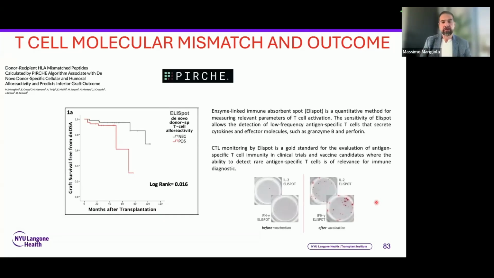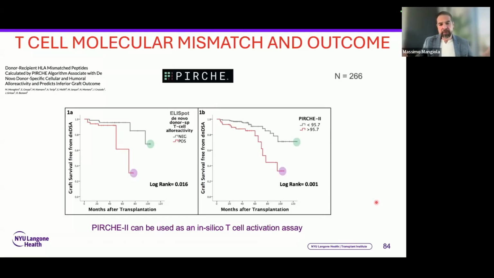So it's the gold standard to say this thing is causing T cell activation. What I like about this paper is that if you look at the Kaplan-Meiers and the outcome, they are almost superimposable, almost identical. So much so that I feel comfortable thinking that PIRCHE-II is basically an in silico T cell activation assay. And I have done ELISpot. I would rather do PIRCHE than an ELISpot.